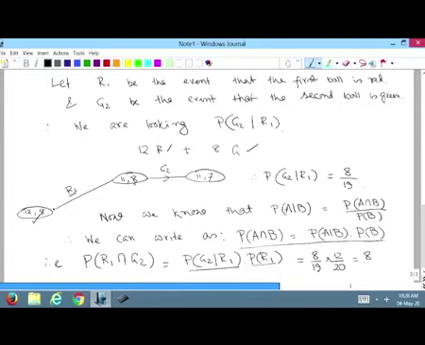It is equal to 8 upon 19 multiplied by 3 upon 5. That is how we get the probability of the joint occurrence of R1 and G2.